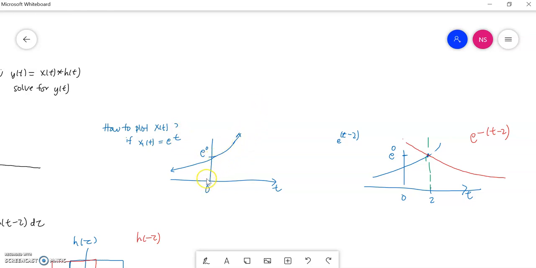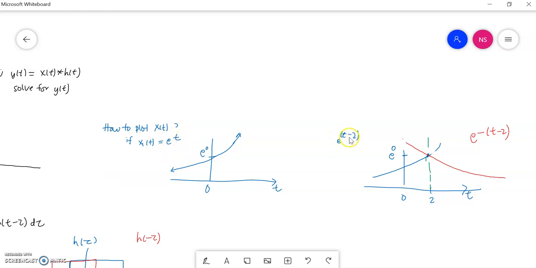If t becomes larger in the negative direction, then it becomes e to the negative something, which is equal to 1 over e to the power of some number. So as the magnitude of t increases on the negative side, it gets smaller and smaller. This is your exponential function. You can look it up.